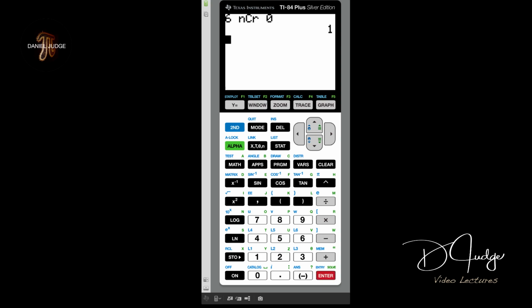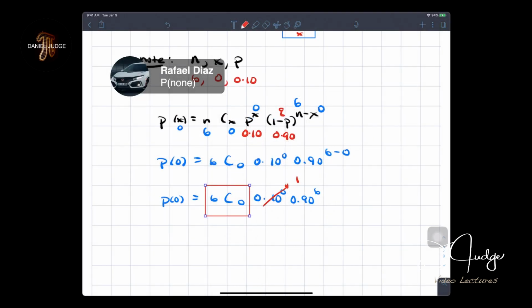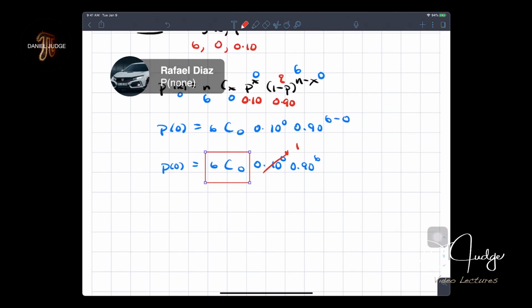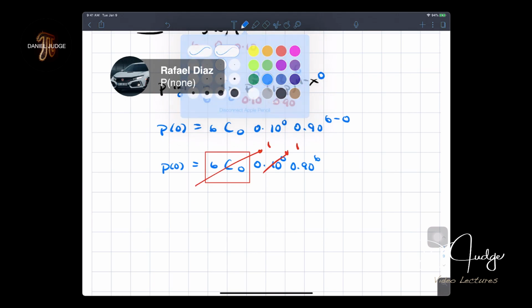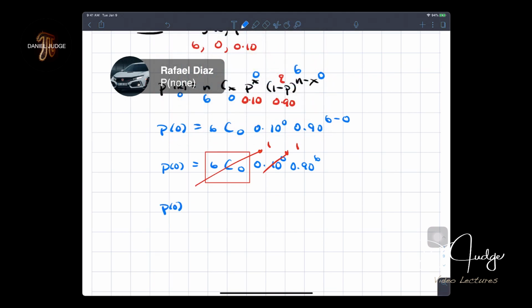Hit enter. 6C0, ladies and gentlemen, is the value 1. So this number is also 1, which means P of 0 becomes 0.90 to the 6 power.